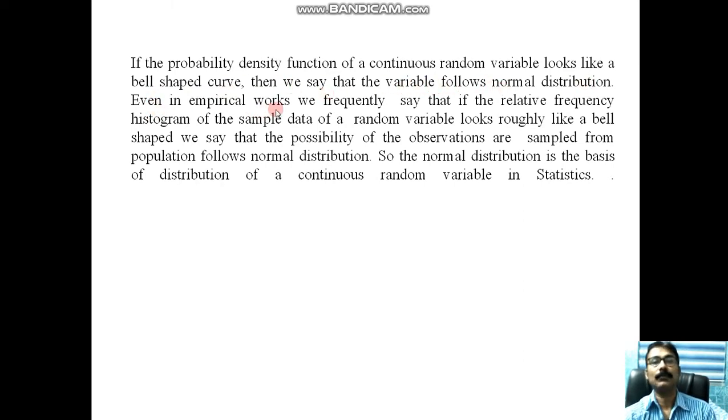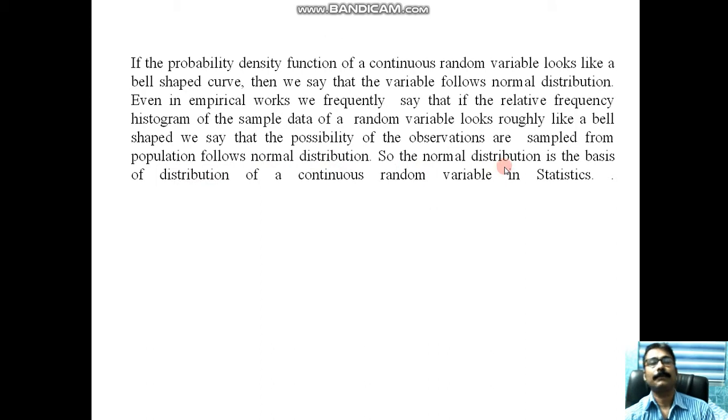Even in empirical work, we frequently say that if the relative frequency histogram of sample data of a random variable looks bell-shaped, the observations are possibly sampled from a population which follows normal distribution.